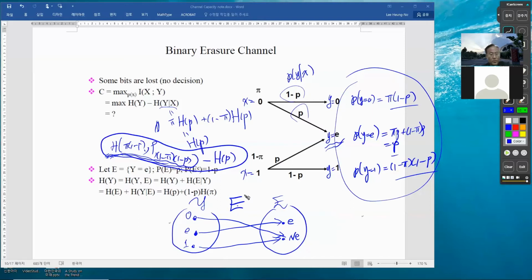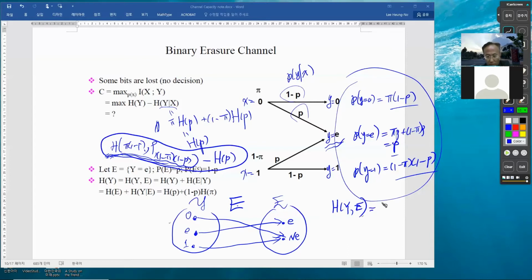Okay, so having defined this, we can talk about the joint entropy of y and e.